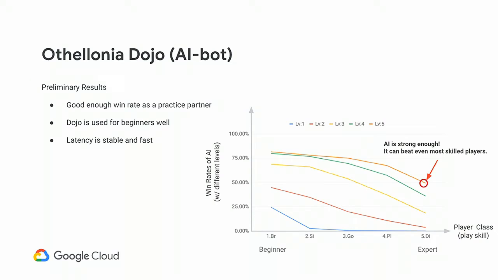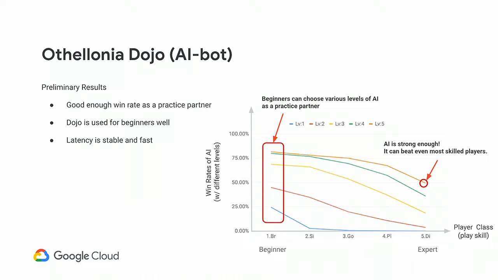The horizontal axis denotes the player's skill levels, and the vertical axis is the win rate of AI. In the Dojo, we provide 5 different AI levels, and the strongest one can even beat the top-tier players with a win rate of 50%. So we think that our AI is strong enough for beginner support.